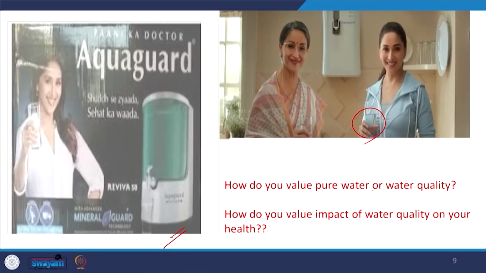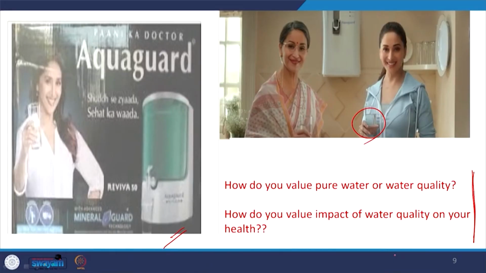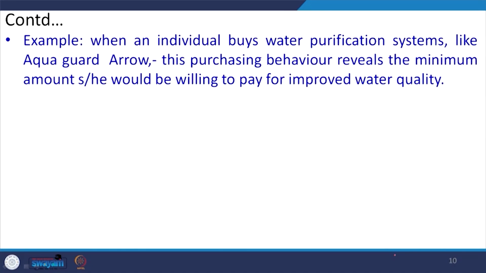Our second question related to this can be, how do you value the impact of water quality on human health, or maybe your family's health? These are the troublesome questions, and we are searching for different mechanisms: how to have pure water quality, or how to maintain health by using good, pure water quality for drinking purposes. So, this example is clear from these two pictures.